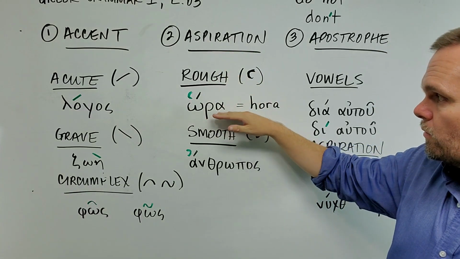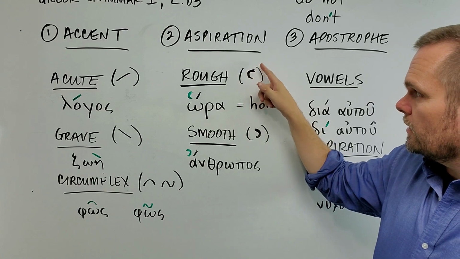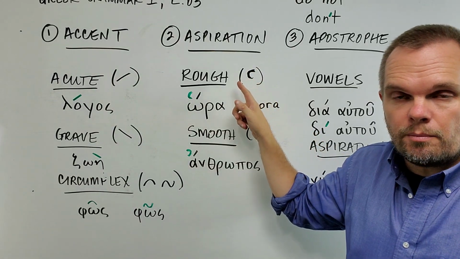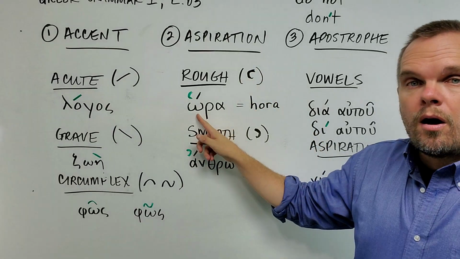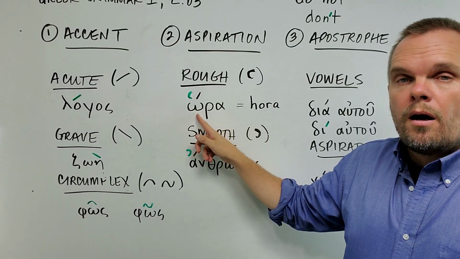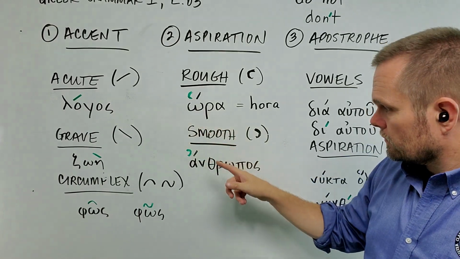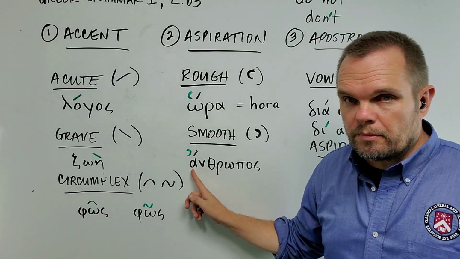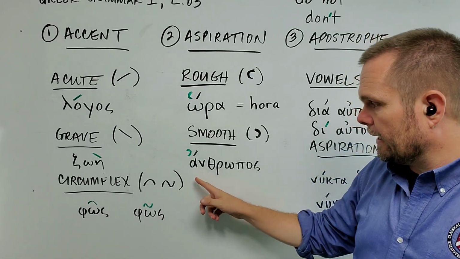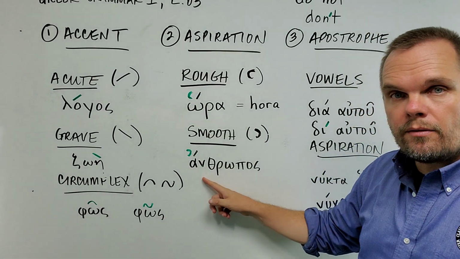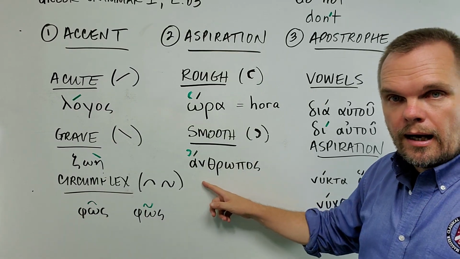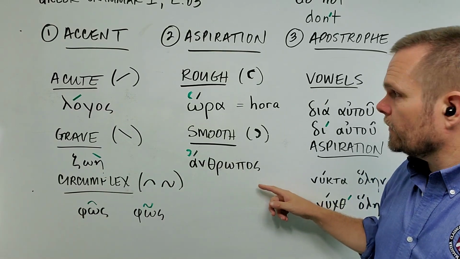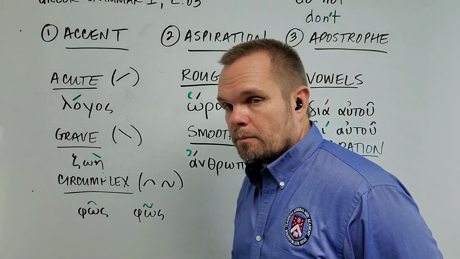We saw that it could be rough, which is marked with a symbol that looks like a C above a letter, as in hora. Or it can be smooth, which means there's no aspiration added, as in anthropos. And then lastly, we learned about apostrophe.